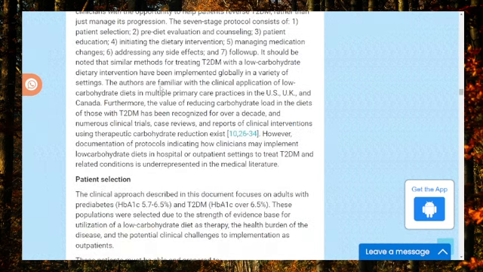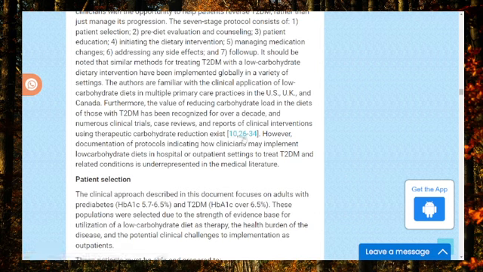The authors are familiar with the clinical applications of low-carbohydrate diets in multiple primary care practices in the US, UK, and Canada. Furthermore, the value of reducing carbohydrate load in the diets of those with T2DM has been recognized for over a decade, and numerous clinical trials, case reviews, and reports of clinical interventions using therapeutic carbohydrate reduction exist.